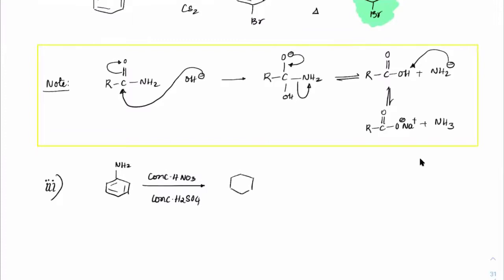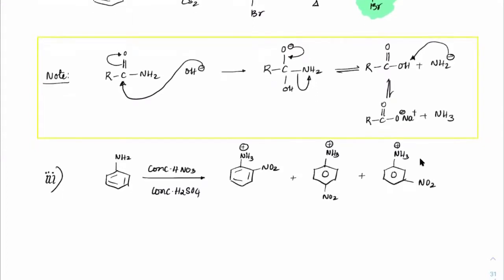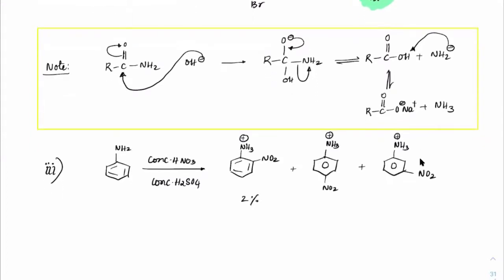Now the product that is formed in this case, NH3 plus, we'll get this as NH3 plus NO2, and NH3 plus with NO2 plus, NH3 plus NO2. If you see the percentage, it is only 2% here, 51% here, and 47% here.